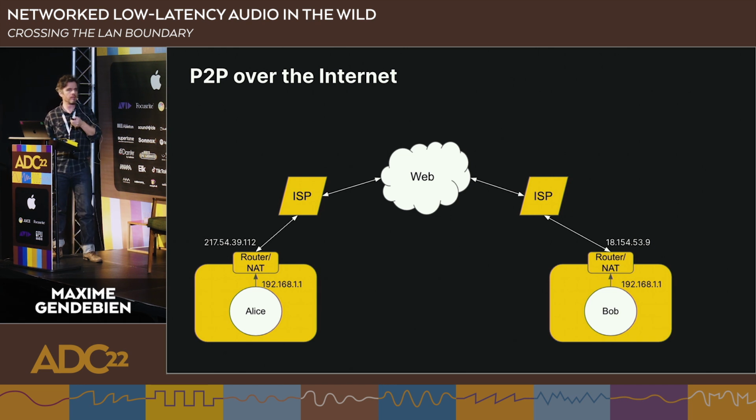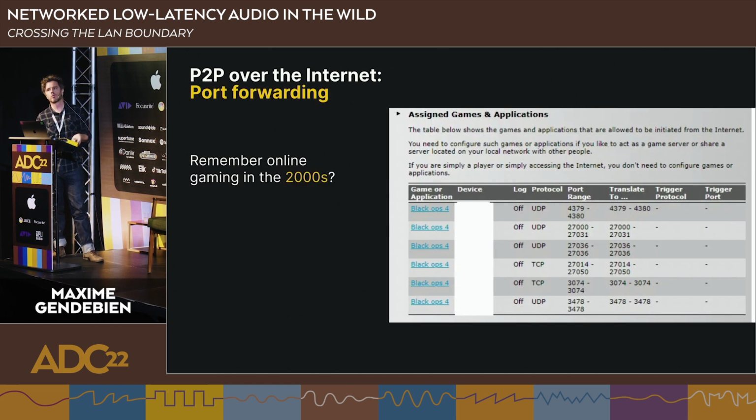Well, maybe some of you remember early online gaming and port forwarding, having to manually configure your router to open ports. Maybe you set up, I don't know, a Minecraft server for your kids a couple of years ago, and you had to look at the back of your router, log in to the configuration page, find port forwarding, and set it all up. What it amounts to really is quite straightforward.